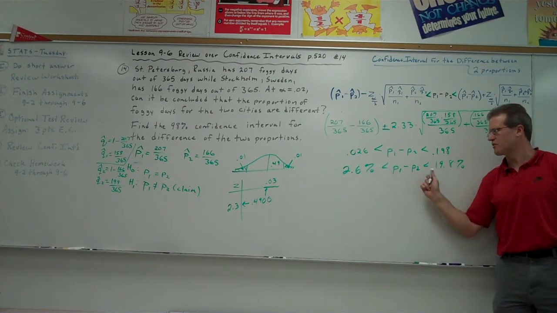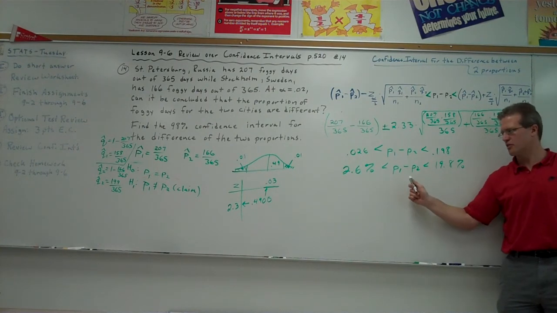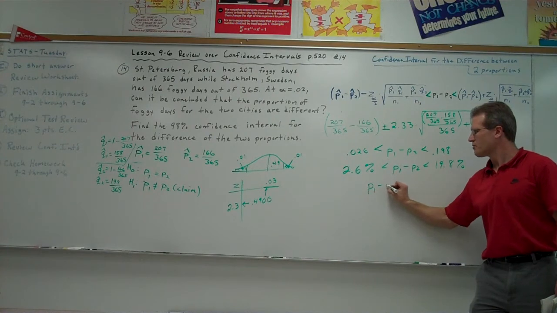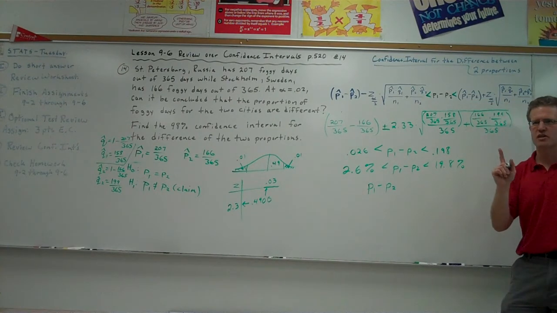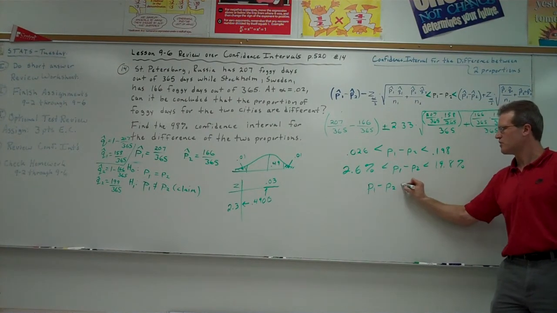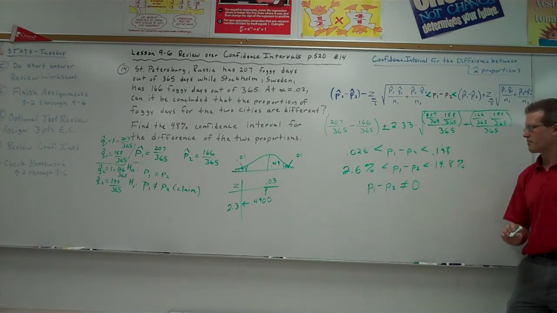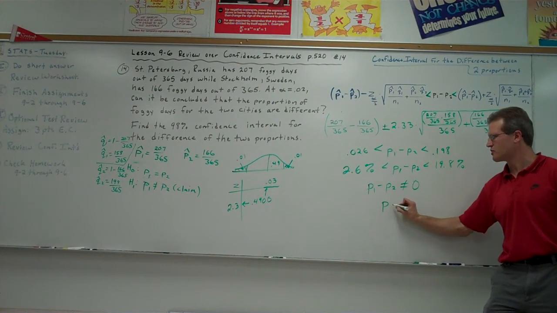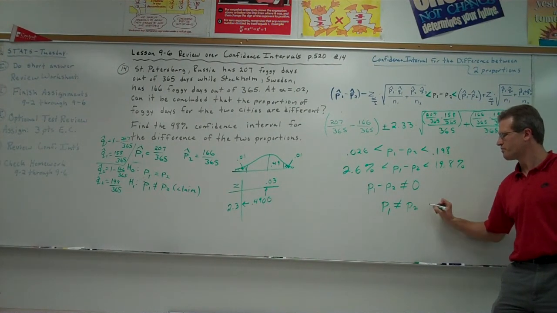What number is not on the interval that's kind of important here? 0. 0 does not fall between these numbers, does it? So that means that P1 minus P2, we're 98% certain that P1 minus P2 does not equal 0. If you add P2 to both sides, that means we're 98% sure that P1 is not equal to P2.